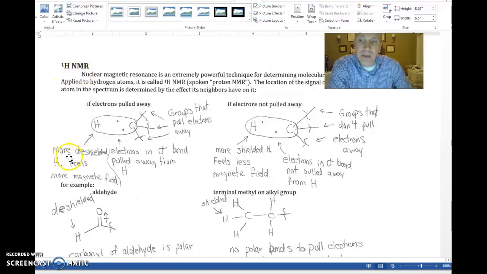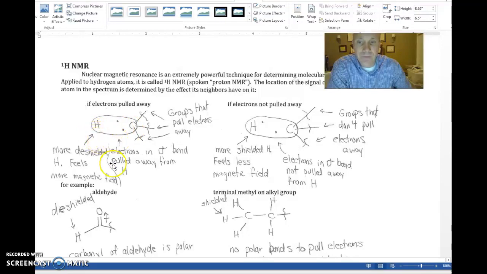Anyways, the more the electrons get pulled towards the carbon, the more exposed that proton is. The term for that is that it's de-shielded. When the electrons are freely surrounding the hydrogen, it's considered to be shielded. Why do we say shielded?